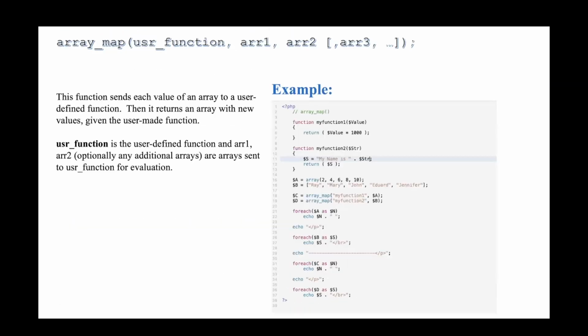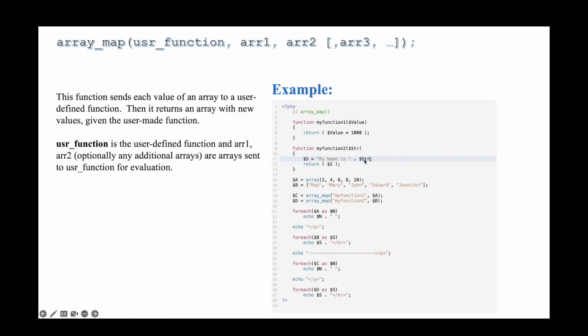The array map function sends each value of an array to a user-defined function, then returns an array with the new values given the user-made function. Think of this as, how can I explain this the easiest way? An exchange, right? Sends the array here, multiplies times 1,000 and returns it here.